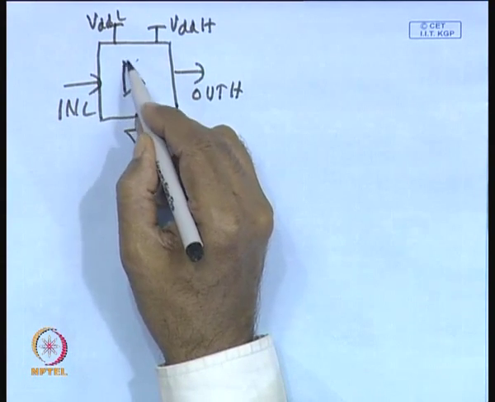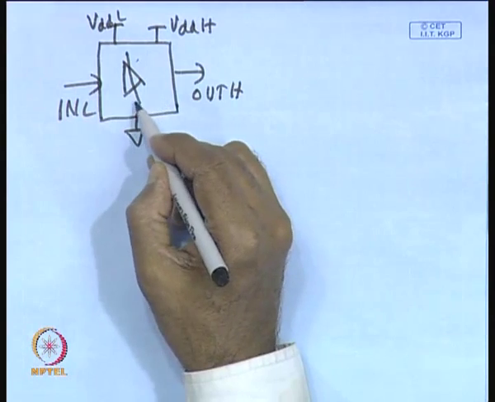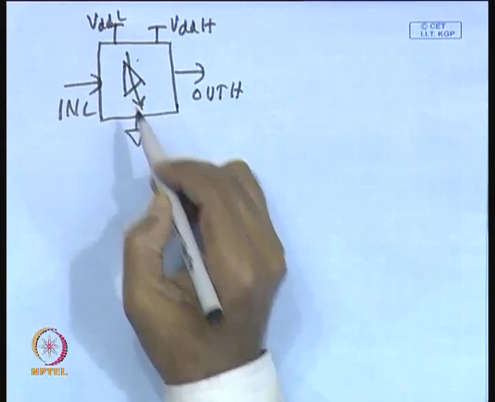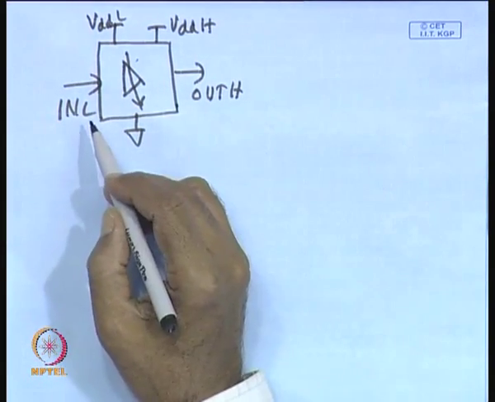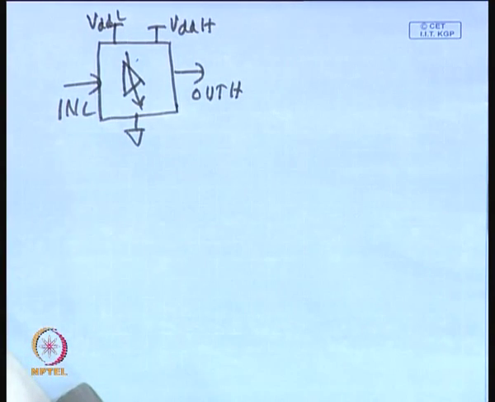Inside, a symbol is given here which signifies that it is changing the level, and it can be realized by using a circuit like this. There are many ways it can be realized, but this is the most common form of level converter being used.